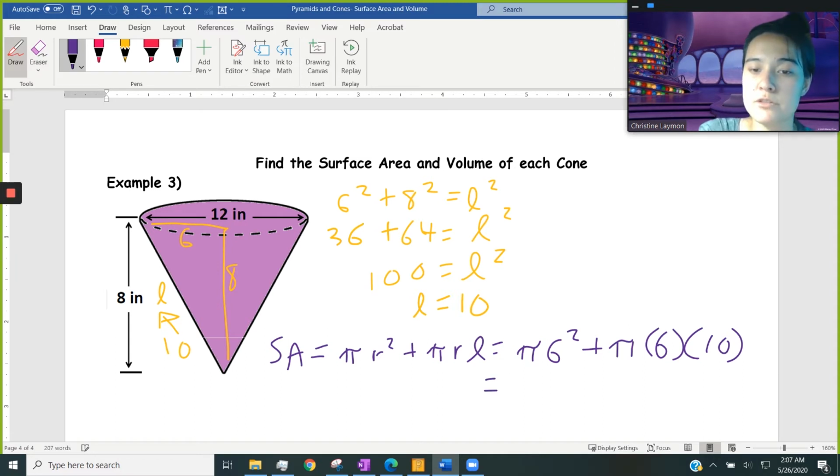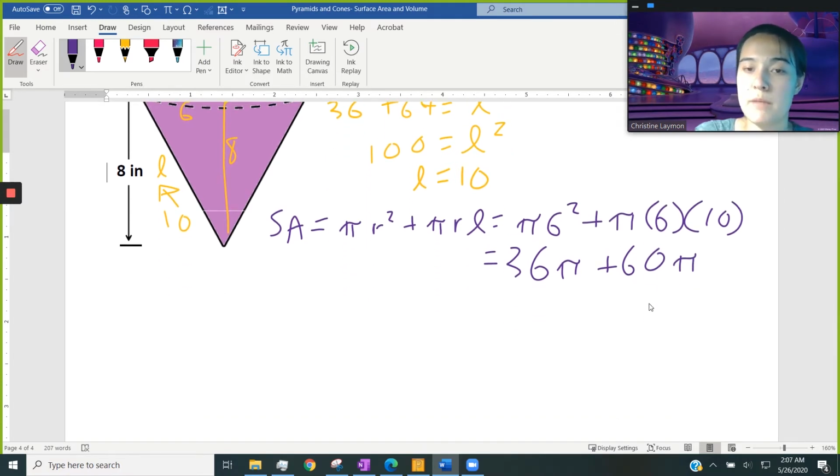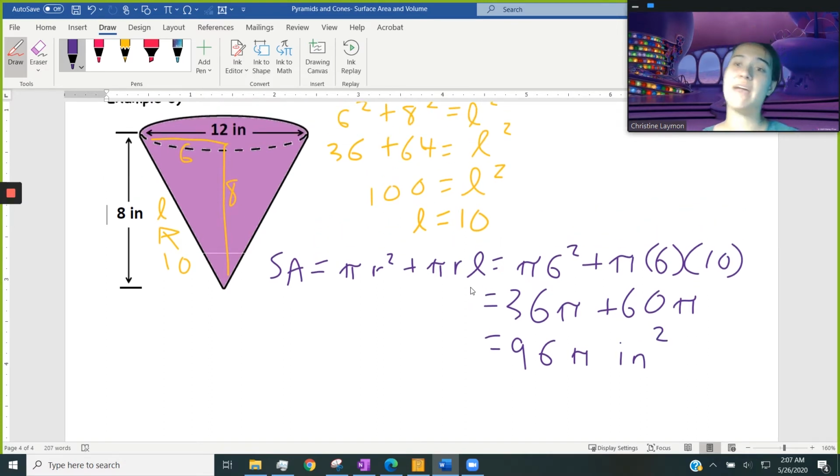Okay, so this is 36 pi plus 60 pi. I'm going to put them together there. We get 96 pi, and the units are inches squared. So that's my surface area, which means that if I had to paint this cone or wrap this cone, it would take 96 pi square inches of material.